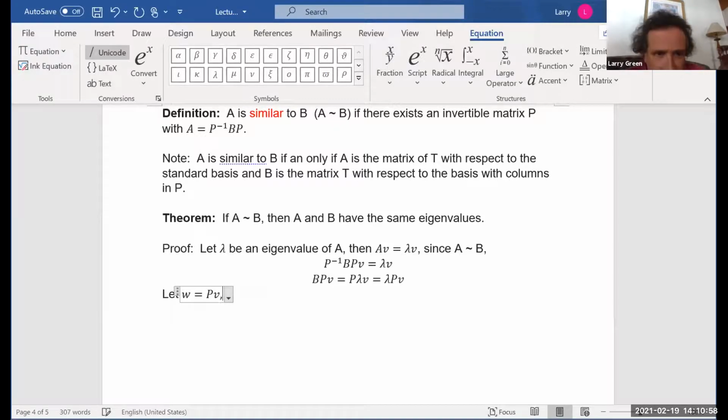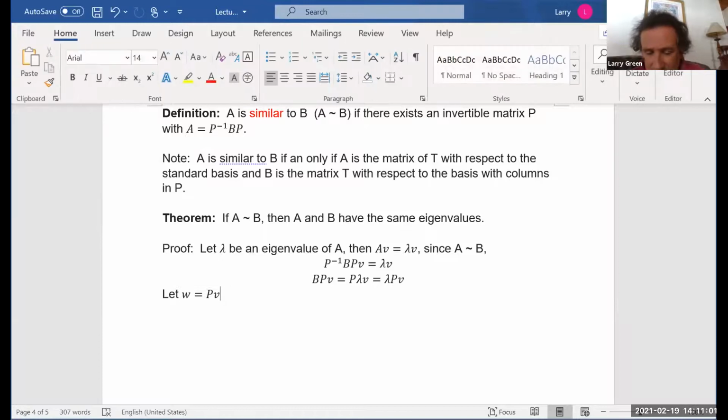Then we can say that B times W is equal to lambda times W. Anyone lost on that? And that's the definition of an eigenvalue: B times a vector is lambda times that vector.